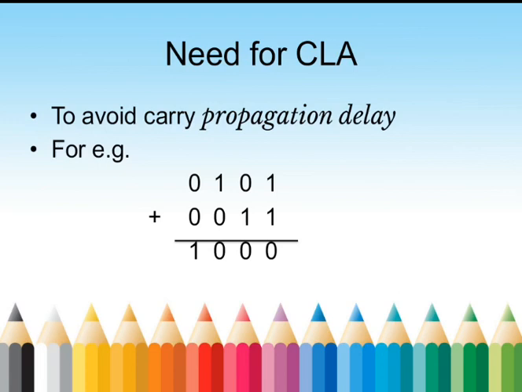The key thing to notice in this example is that the sum bit generated in the last position, that means the MSB, depends on the carry that was generated by the addition in the previous positions.